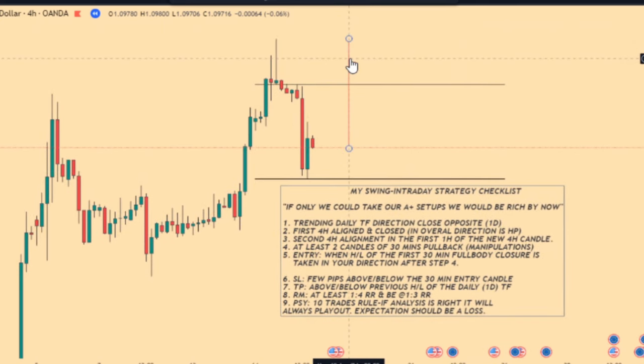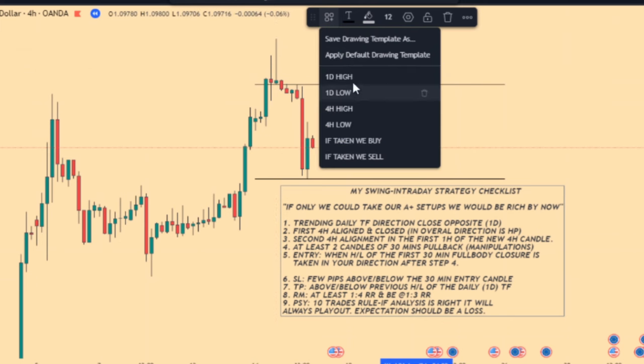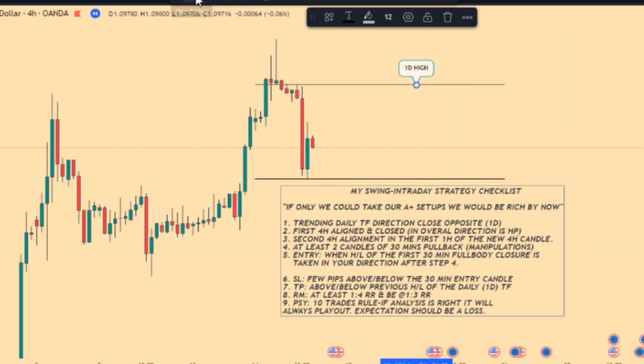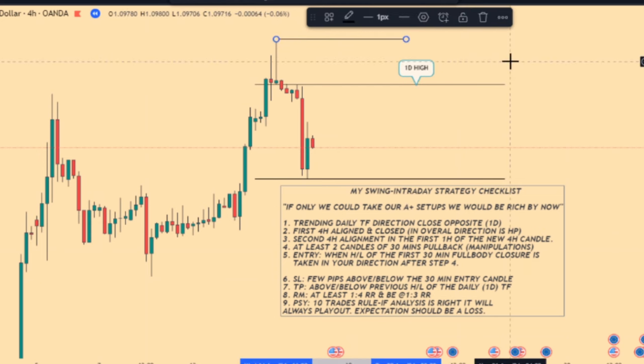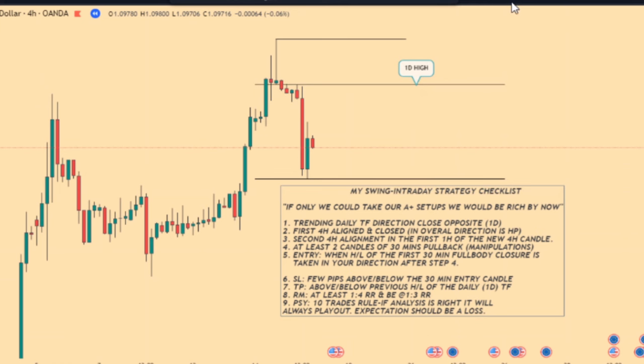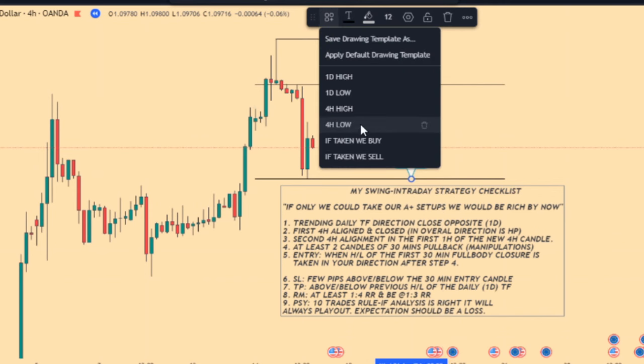So this would be your daily high. This should be your TP1, and then still have more room. So this you can call final TP. So this would be a TP, and then this would be your TP2 or final TP. So this will be your low.